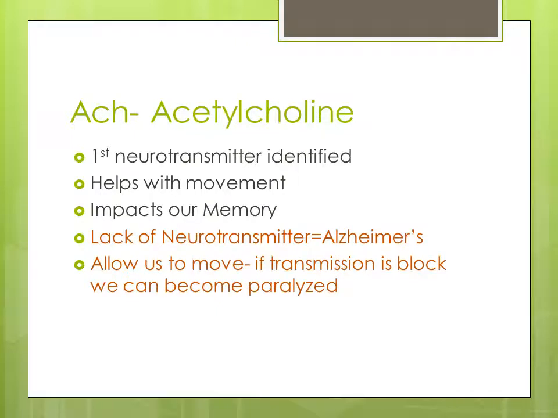Like I said before, it allows us to move. If this transmission is blocked, we can become paralyzed, so it could be really serious. An example of a drug that we're going to talk about in a little bit that may block acetylcholine is Botox.